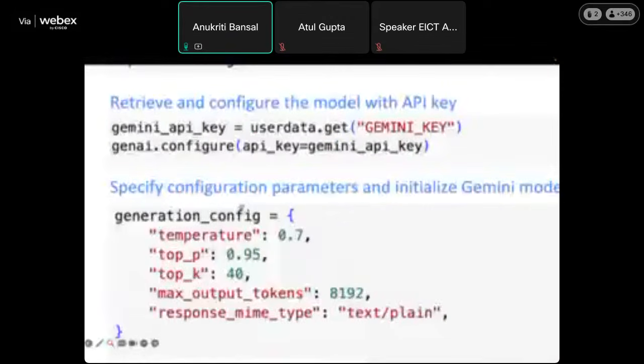The temperature controls the degree of randomness in your output. If it is a higher value, one or more than one, then every time the model will be more creative. If it is close to zero, it will be more deterministic.